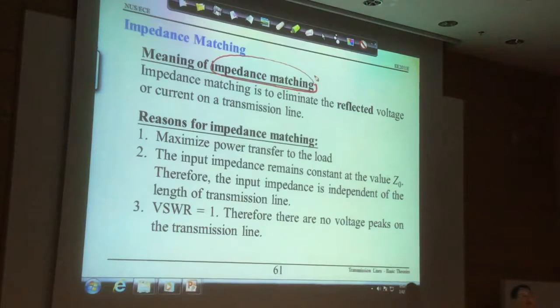Previously, when you were asked to calculate electric field and magnetic field, you could not touch those fields. However, for the transmission line part, the problems are more practical, so impedance matching is also a more practical technique.